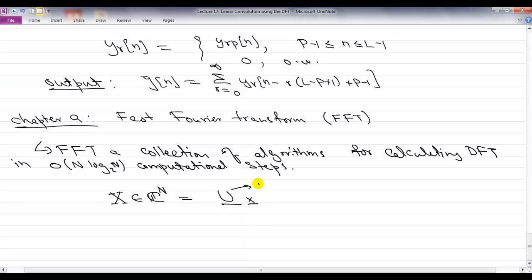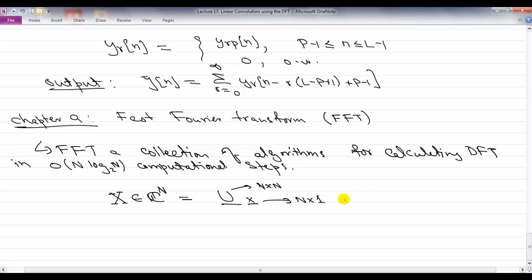So this DFT matrix was n by n, and this vector is n by 1. Ages ago we started the DFT discussion in terms of matrix vector multiplication. If you compute the DFT coefficients using explicit matrix vector multiplication, then the cost of that is pretty high.